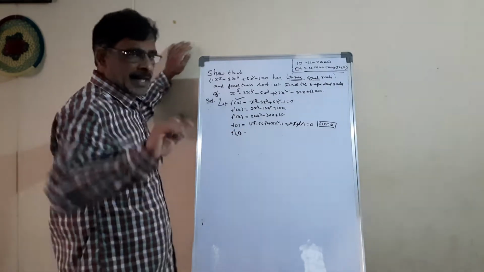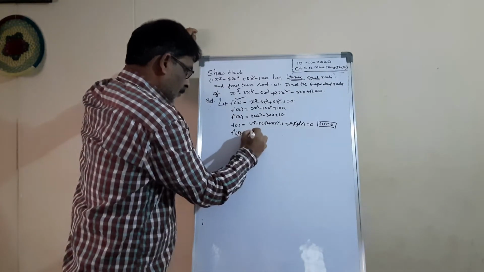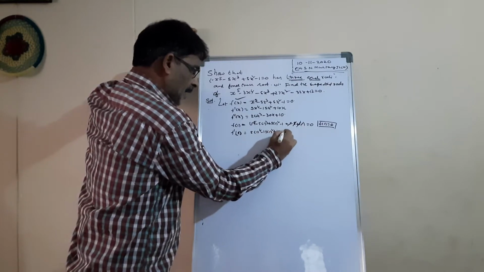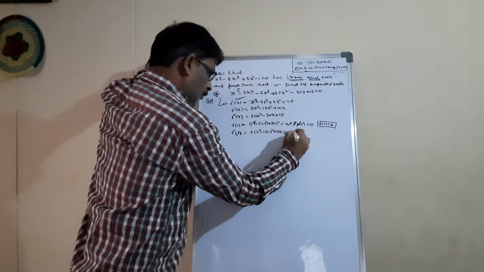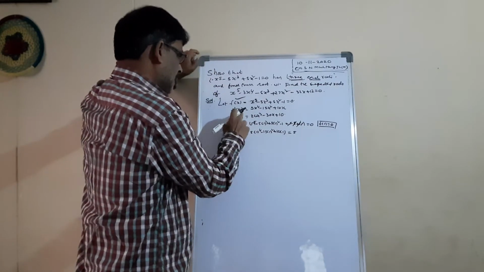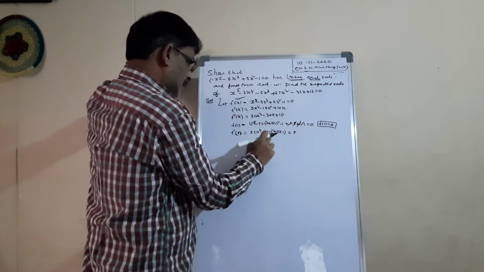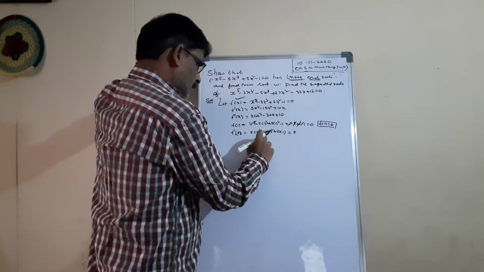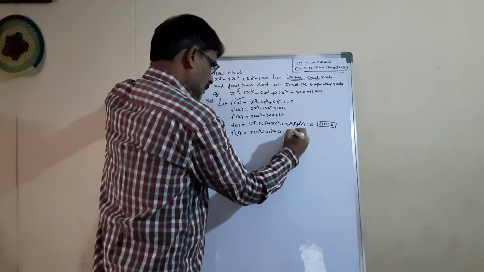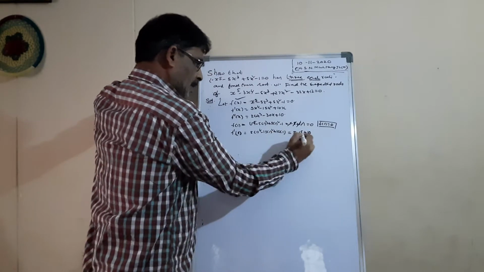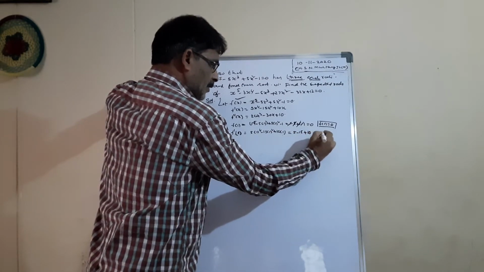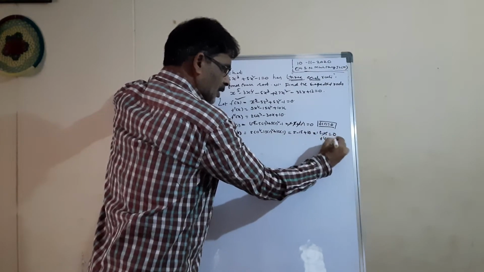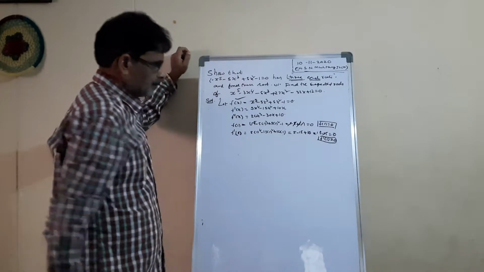We put 1 in f dash. 5 into 1 power 4, 15 into 1 square plus 10 into 1: 5 minus 15 plus 10, 15 minus 15 equal to 0. Again, f dash 1 is also 0.